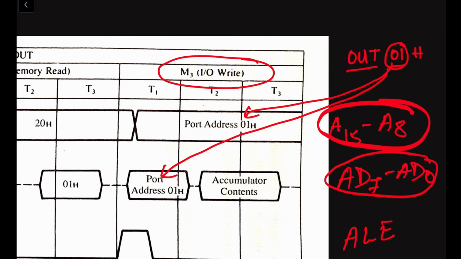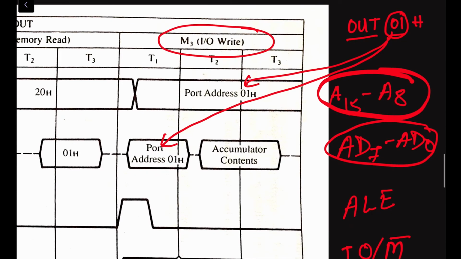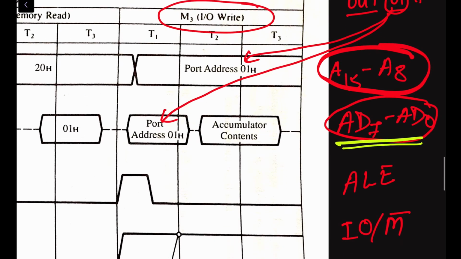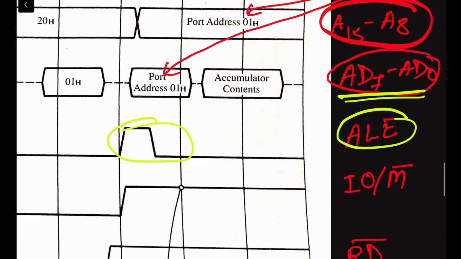During the first clock cycle, the address data multiplex bus will be working as the address bus. To do that, we have to make the ALE signal high during the first clock cycle. This IO/M bar signal, as this is the input output write operation we are learning about, is an input output related operation, therefore this signal will be high during the entire cycle.